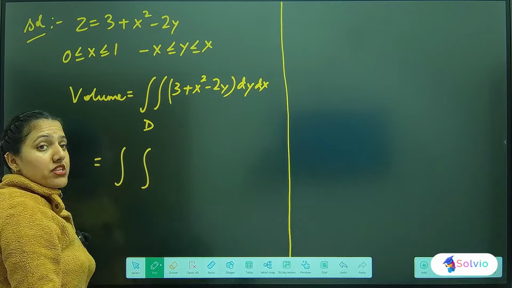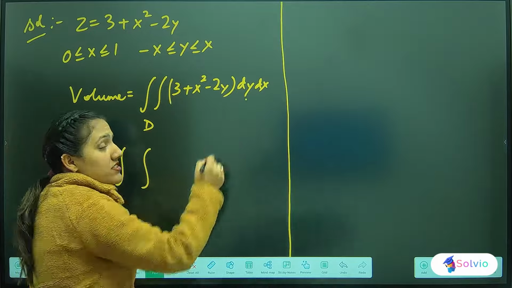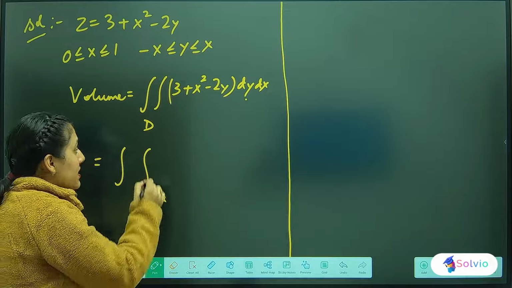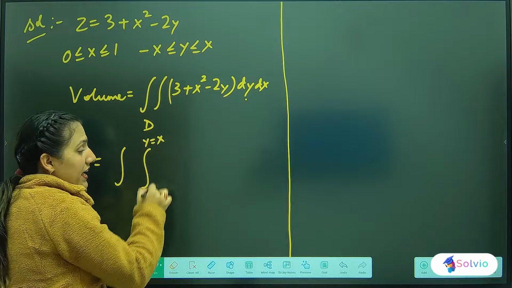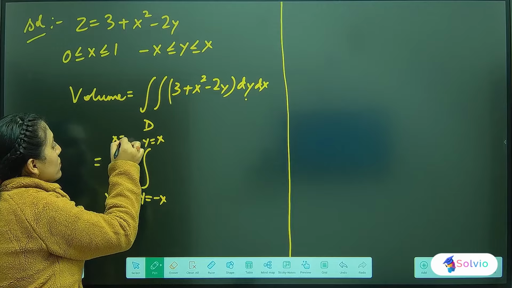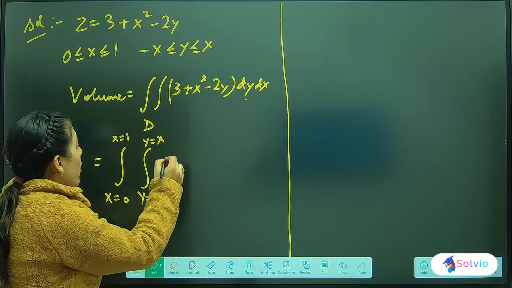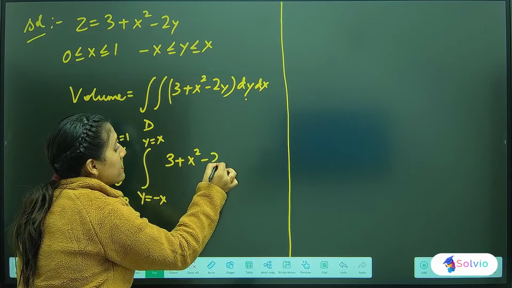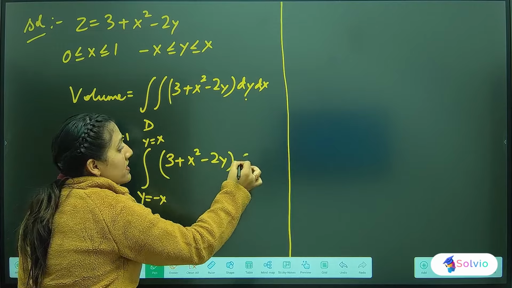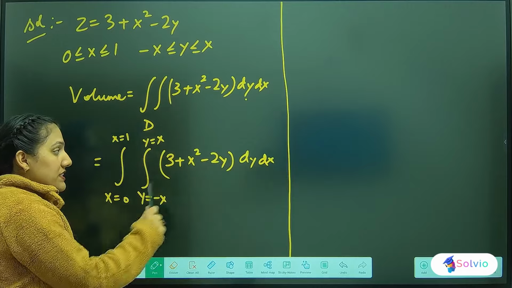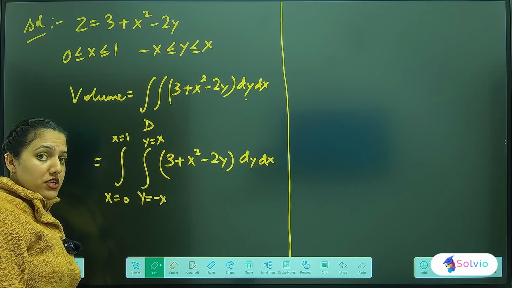Firstly I will put the limits of y, as I have written dy first. So y varies from -x to x and x varies from 0 to 1, of (3 + x^2 - 2y) dy dx. Firstly I will integrate with respect to y.